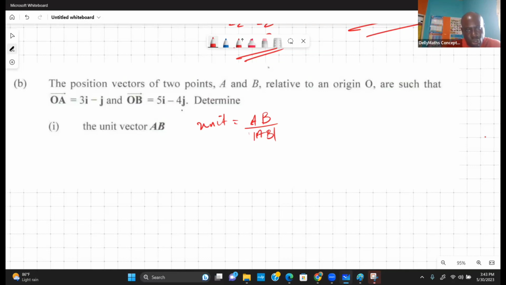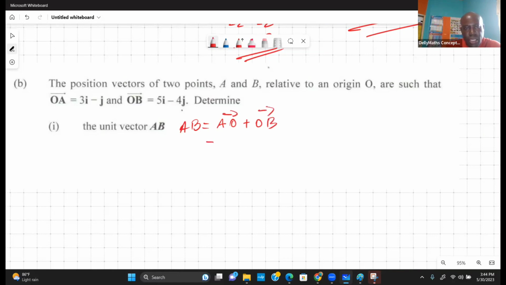So we're going to have to look at this. Let us put it together. What we're looking at here is, for the unit vector, we need to find AB first. AB can be found in more than one way. AB can be found by using A to O plus O to B. We can take that route.